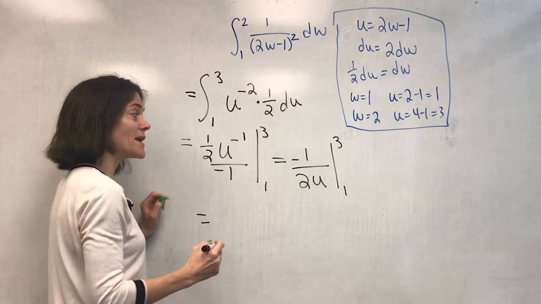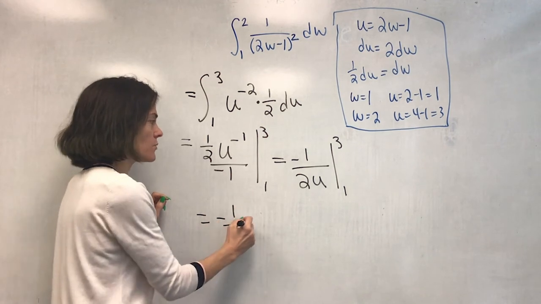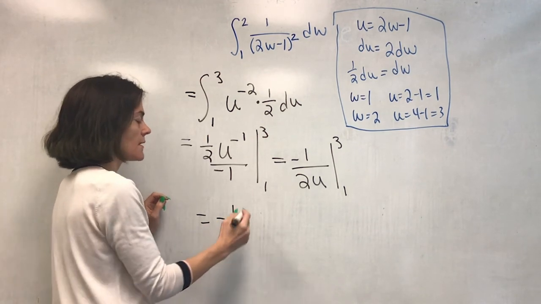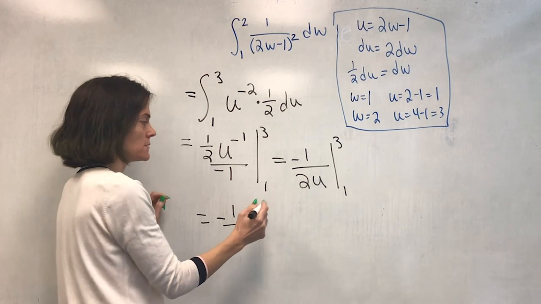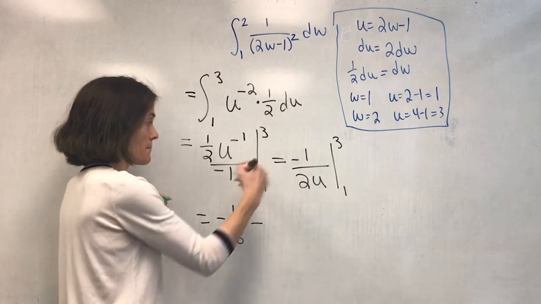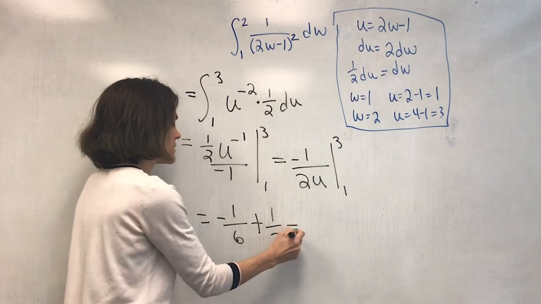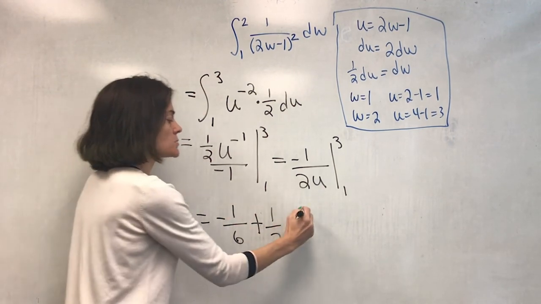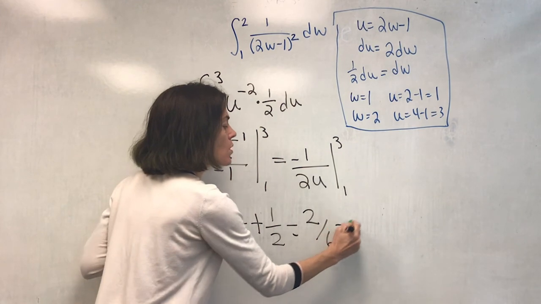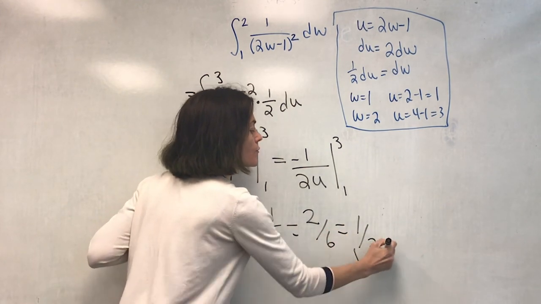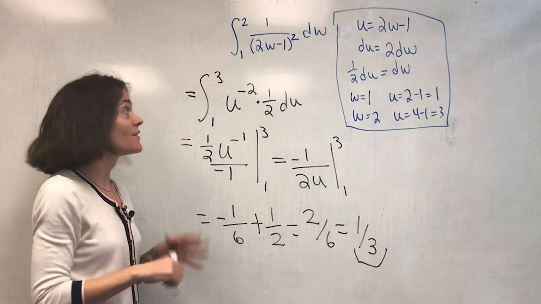Then when I evaluate at 3, I get negative 1 over 6. And then I have a minus, which becomes a plus. I have 1/2. This is 3/6 minus 1/6. This is 2/6 or 1 over 3. This is our final answer.